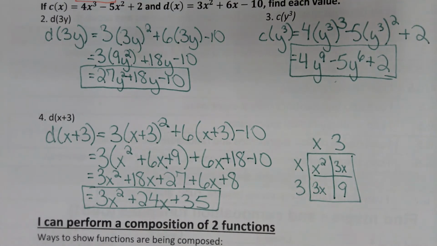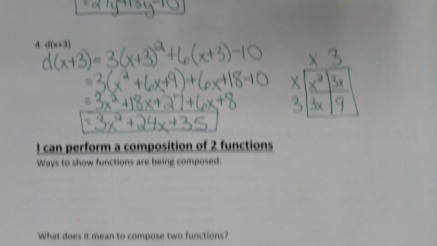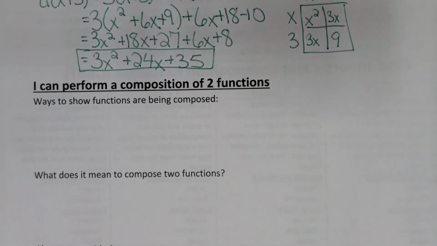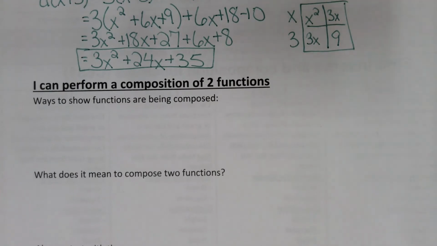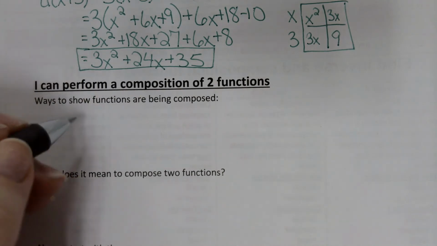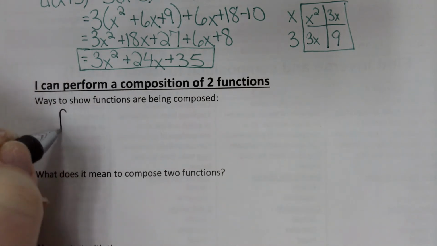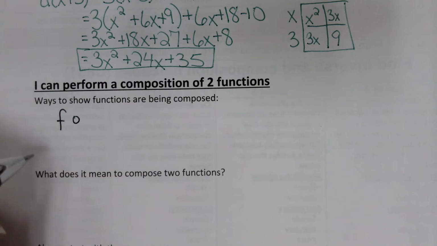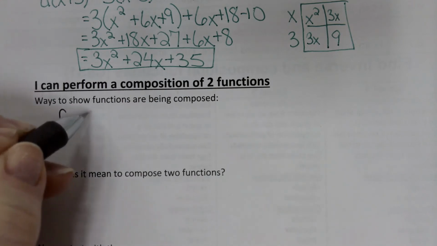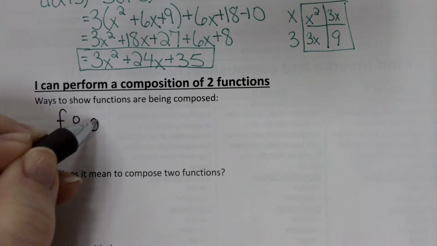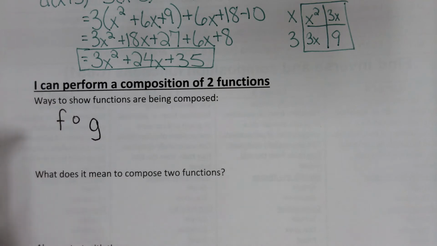So each of these have been just baby steps to build us up to performing compositions of functions. So there are 2 ways that you can show that functions are being composed. The first is with an open circle that's a little higher and a little smaller than a normal size O, and it goes in between the two names of the functions.